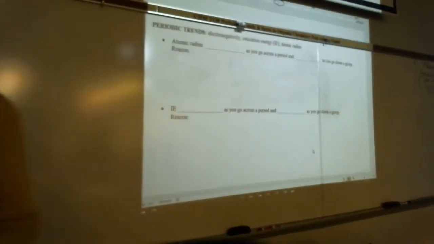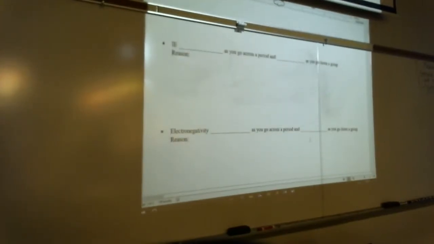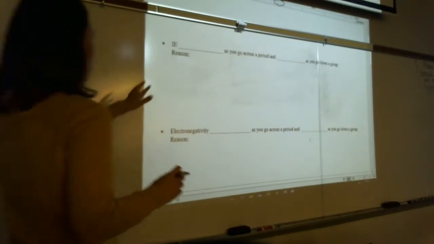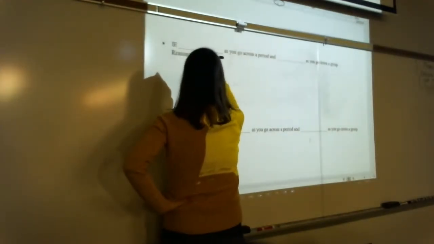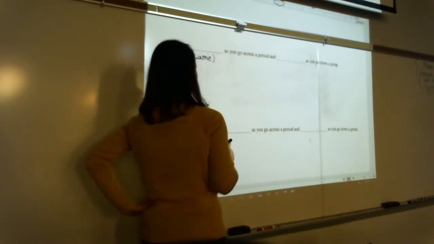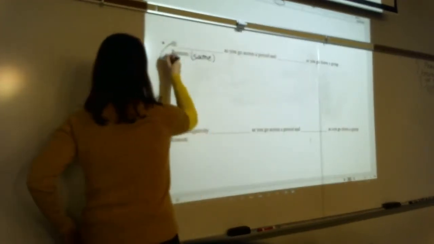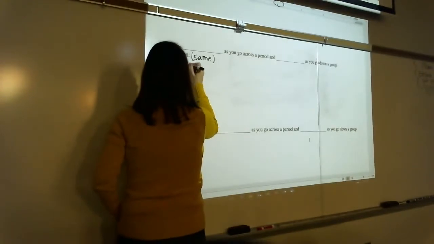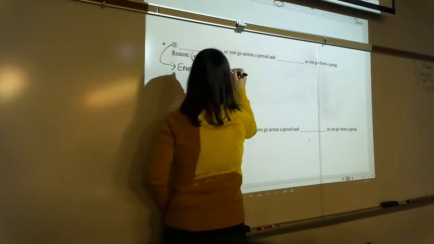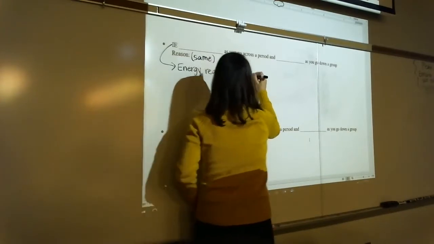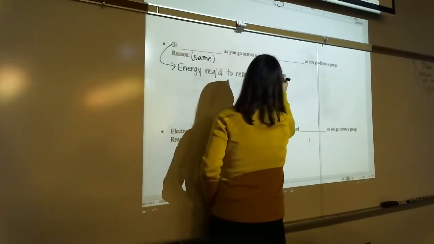Let's look at ionization energy. Okay, so the reason for ionization energy is the same as the other one, effective nuclear charge. And ionization energy stands for energy required to remove an electron.